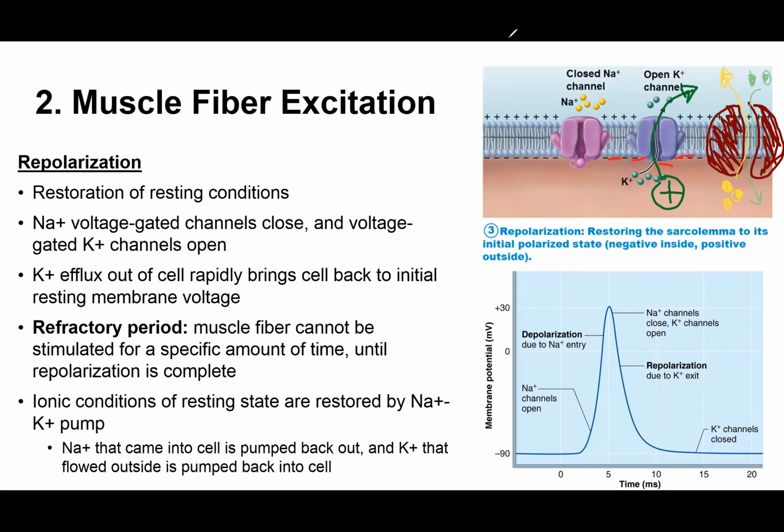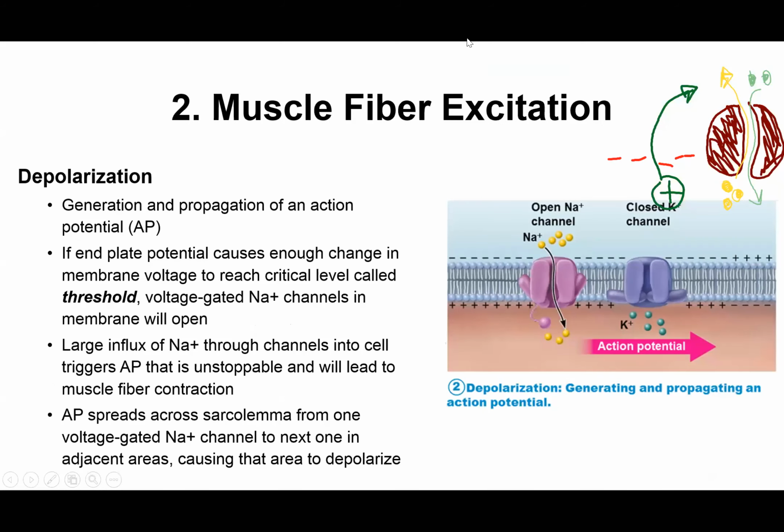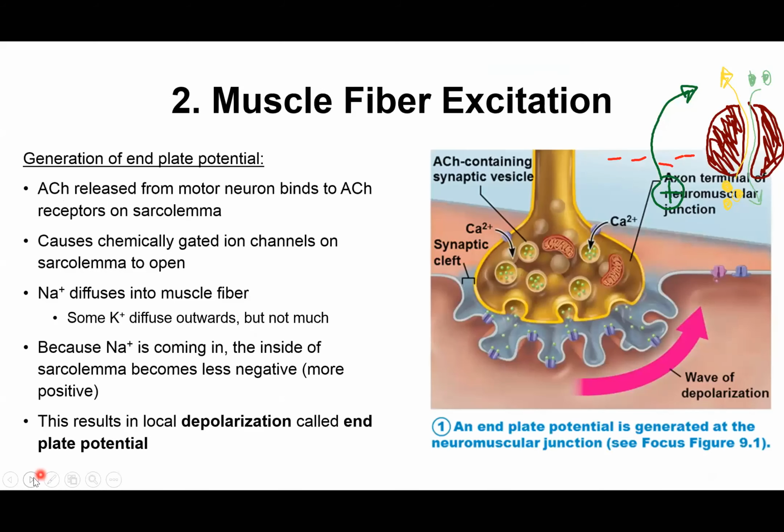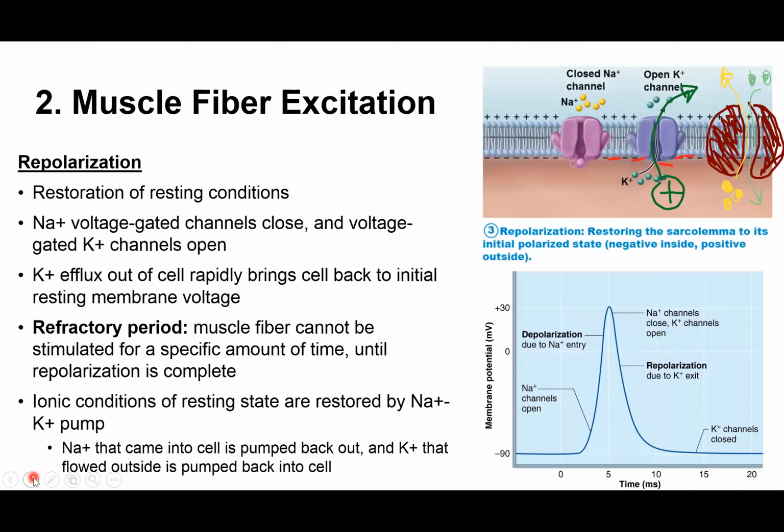So if more positive charge is leaving than is coming back in, this is going to reset this area of the cell membrane back to its normal negative state. Okay, so we're back to our normal negative state because the sodium potassium ATPase is restoring these values.